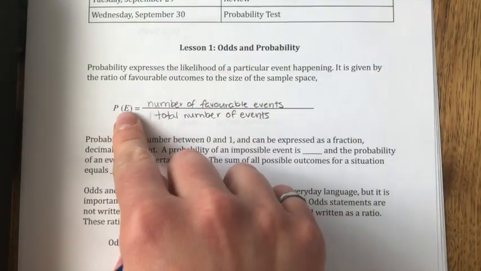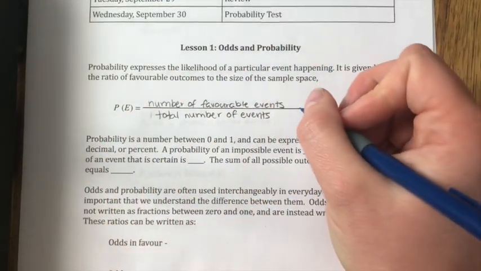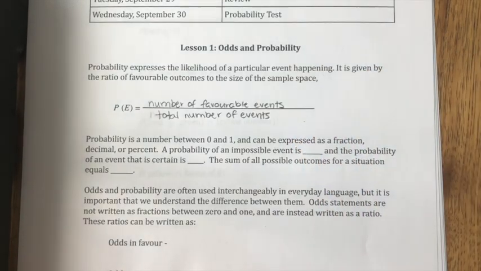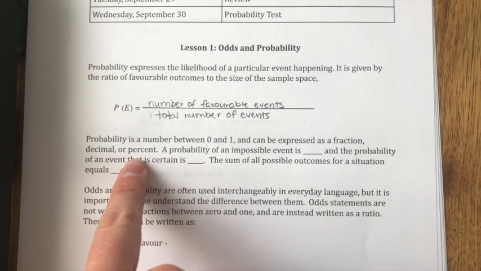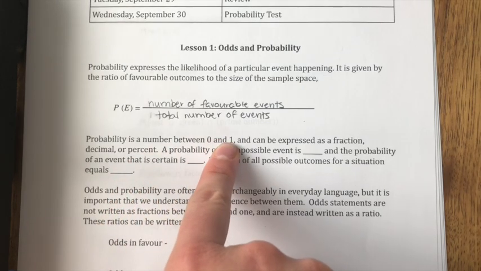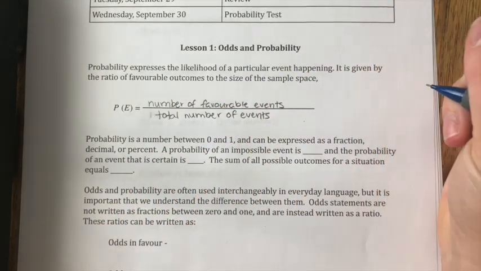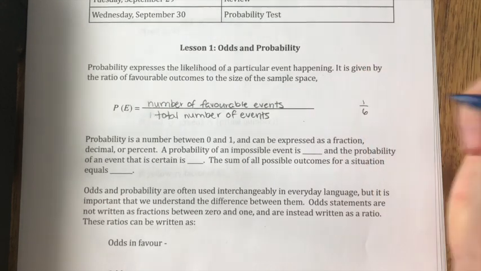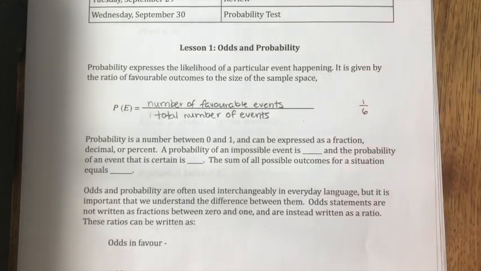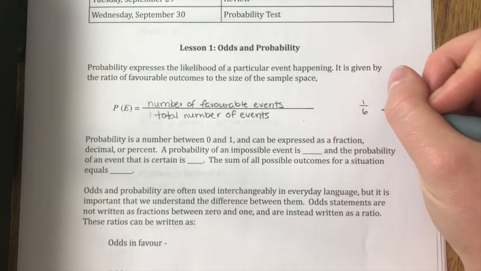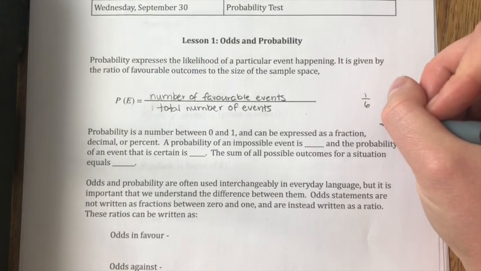So the probability of some event is the number of favorable events divided by the number of total events. Generally this is going to be a fraction, a decimal, or a percent, and it's going to be between 0 and 1. If we talk about rolling a 2 on a die, we'd have a 1 out of 6 probability, and we could represent that fraction as a percent or a decimal as well.